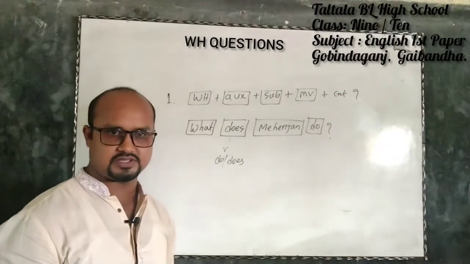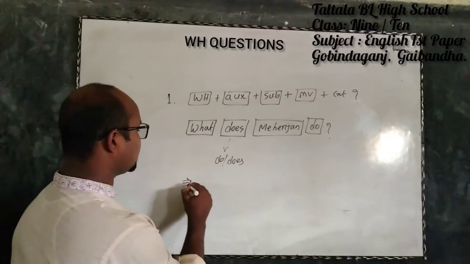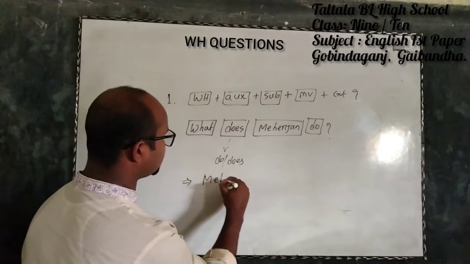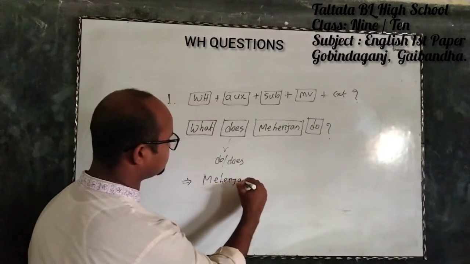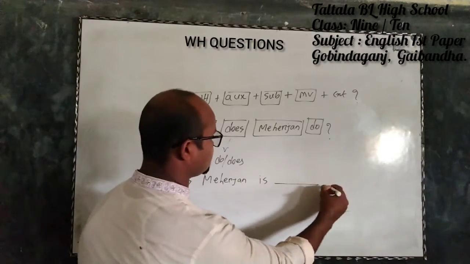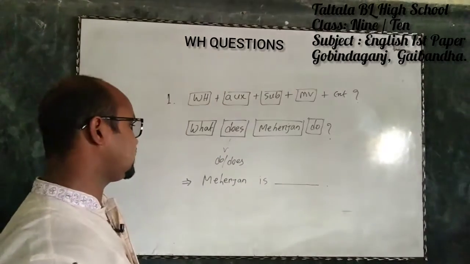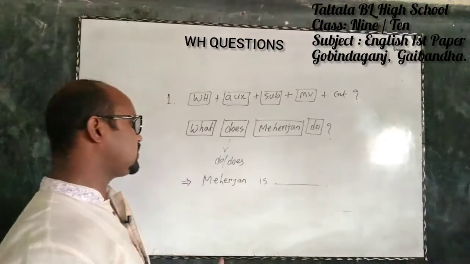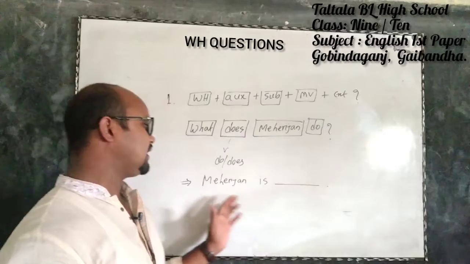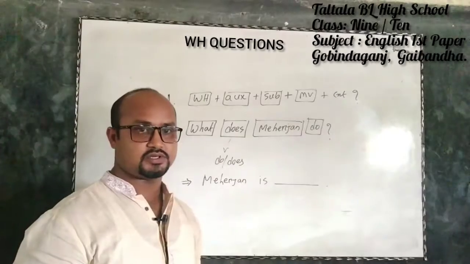If I write the answer of this question, I have to write the answer in present indefinite tense, like Meherjan is dash. Meherjan is a worker, or something like that. So here is is the main verb, Meherjan is the subject, then I have to put here an extension. All the parts belong to present indefinite tense.